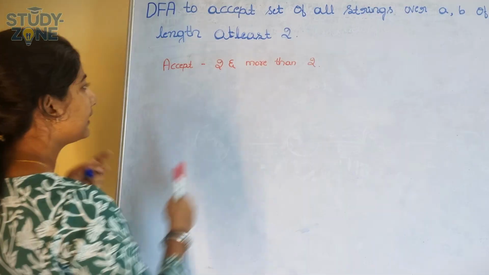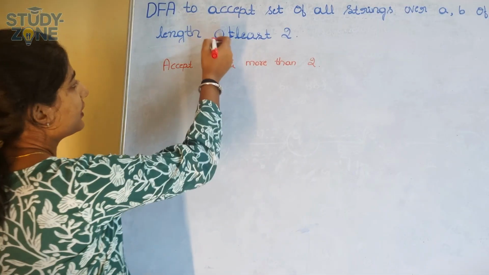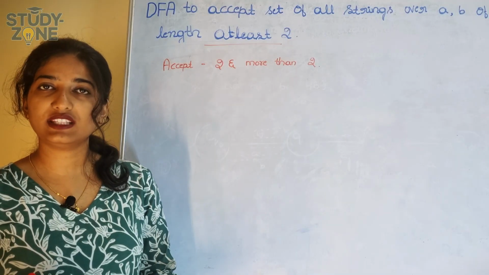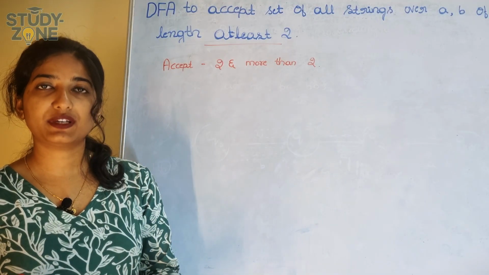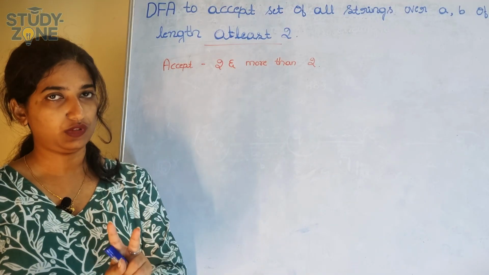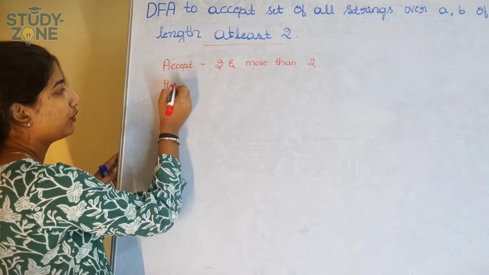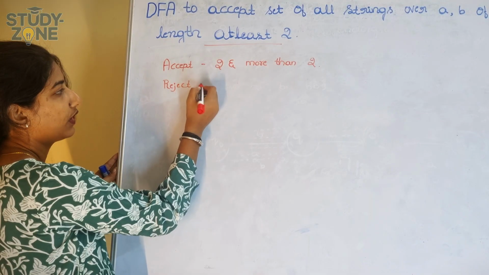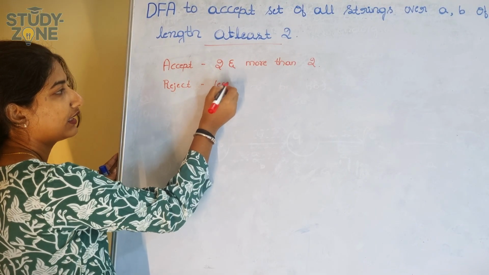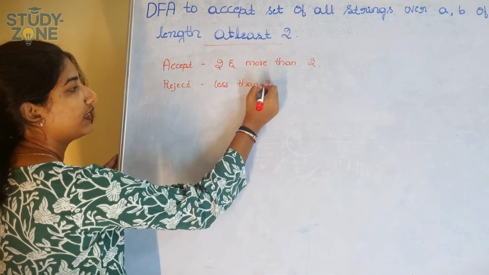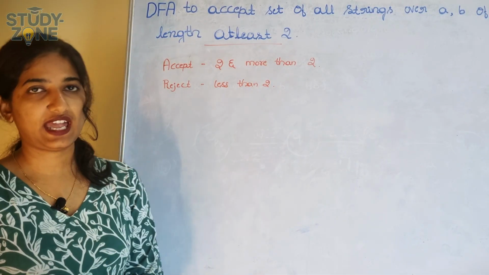Because here the condition is just at least 2, which means at most we can have any number of combinations, but at least we should have 2. Okay, so what we have to reject? We have to reject strings having less than 2 characters.